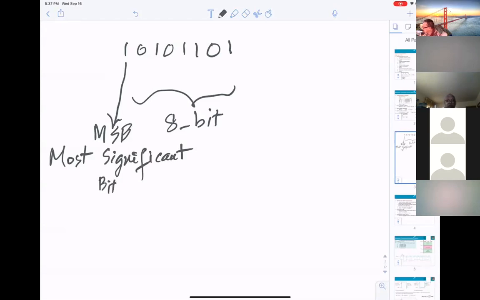On the rightmost here, LSB, least significant bit.